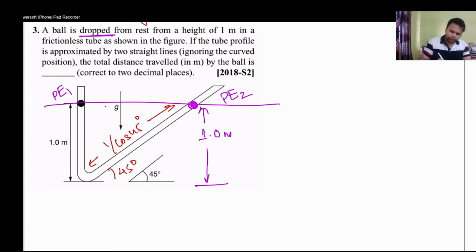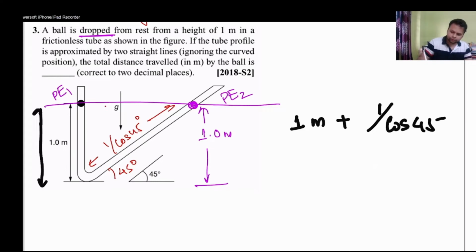If you consider this triangle, this is a right angle triangle, so the hypotenuse is the base divided by cos 45. So the total distance traveled is 1 meter, just from here to here, plus 1 by cos 45.